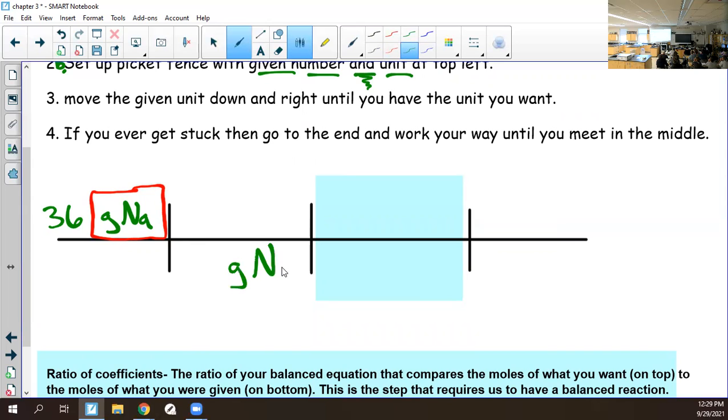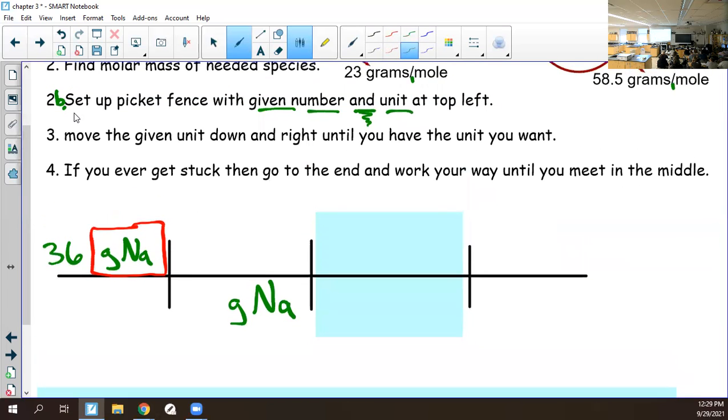So just go ahead and put a grams of Na right there. So on 2B, we said set it up by starting with the thing I gave you, right? In B, move the given unit down and to the right until you have the unit you want. Okay, so what do I mean by that? I want to solve for grams of the NaCl. Are we okay with that?